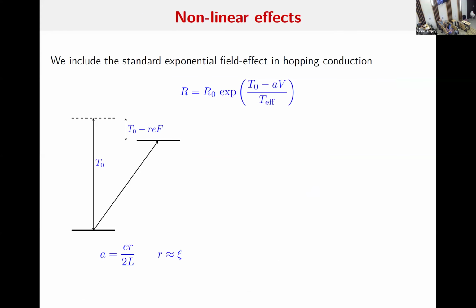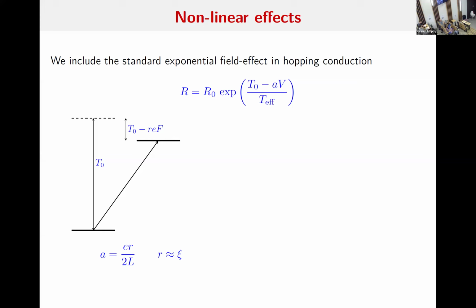Okay. Another ingredient that we put to explain the case for 80, for example, annealed at 80 degrees, is that in the hot electron model before you don't have the term AP.